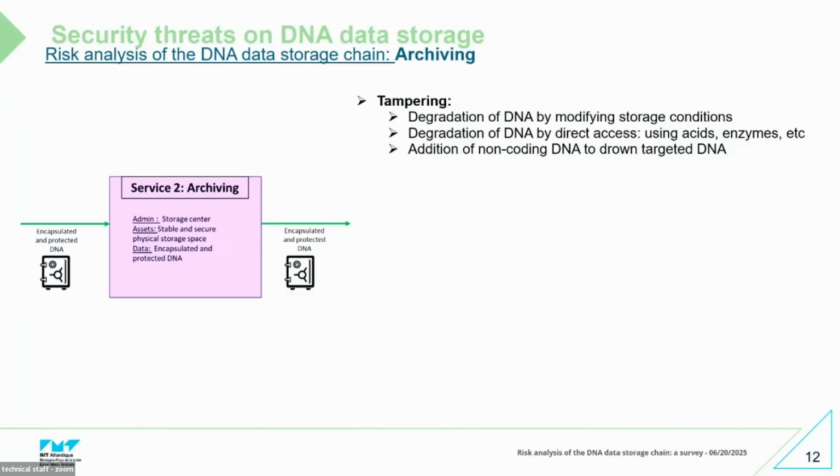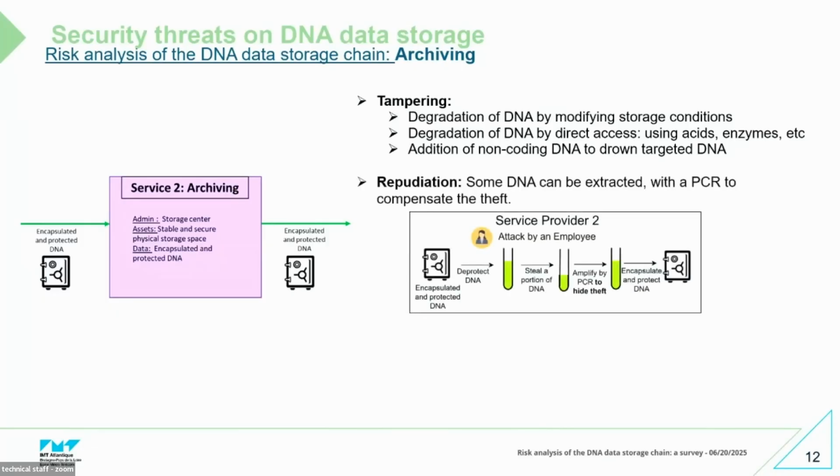If an attacker has a more direct access to DNA, he can degrade it by directly influencing the DNA pool. It's also possible for an attacker to add a lot of non-coding DNA to a DNA pool to drown the data encoding DNA, and thus make it difficult for a service provider to retrieve the data.